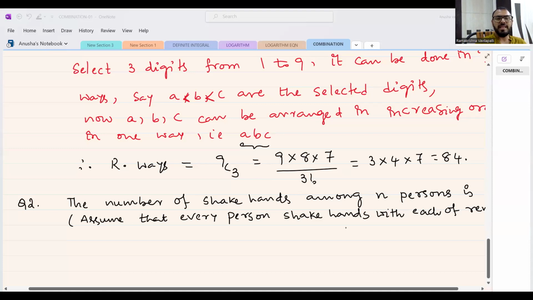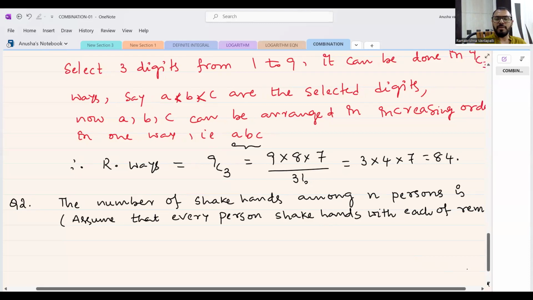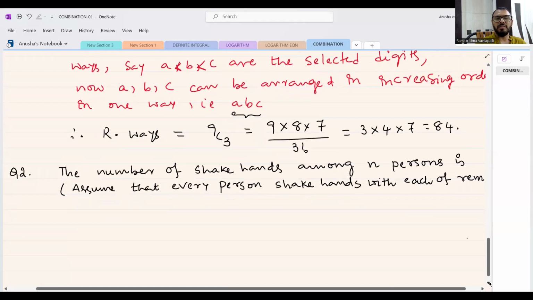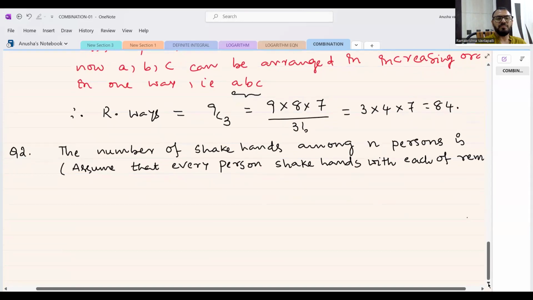The number of handshakes among n persons is, assume that every person shakes hands with each of the remaining persons. So here, what is the number of handshakes among n persons?